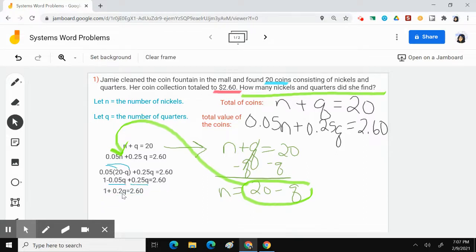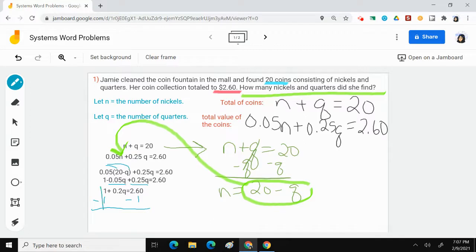And my goal is to get the q by itself. So I'm going to go ahead and subtract 1 from both sides of the equation. This will cancel. So now I'm left with 0.2q equals 1.60. Now my final step, I'm going to divide both sides by 0.2.